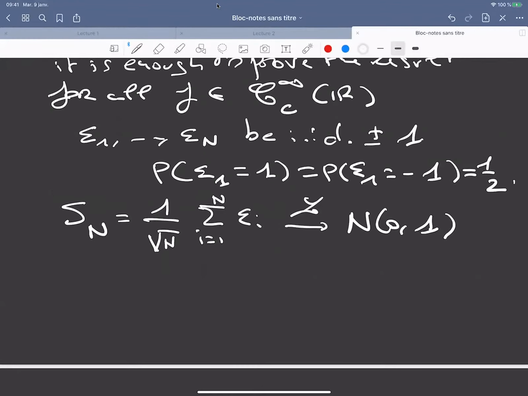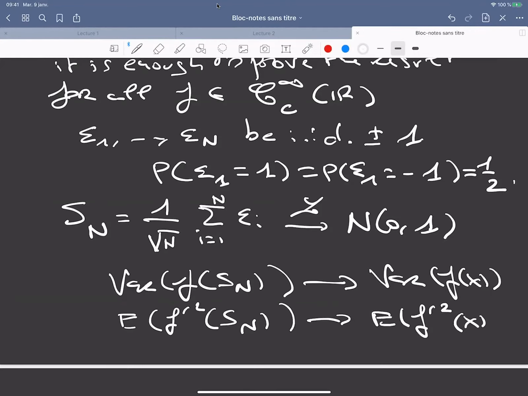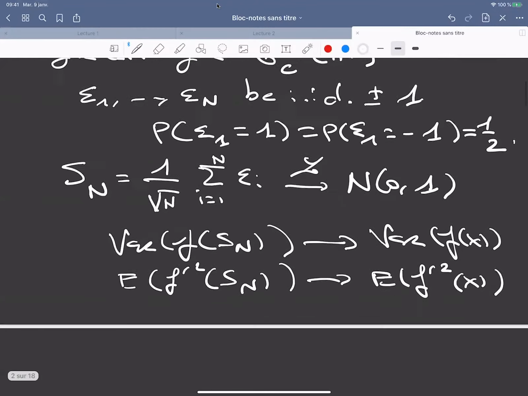So since we have a compactly supported function f, and the same for the derivative f prime, you know that the variance of f of S n will go to the variance of f of x, and the expectation of f prime square of S n will converge to the expectation of f prime square of x as n goes to infinity.